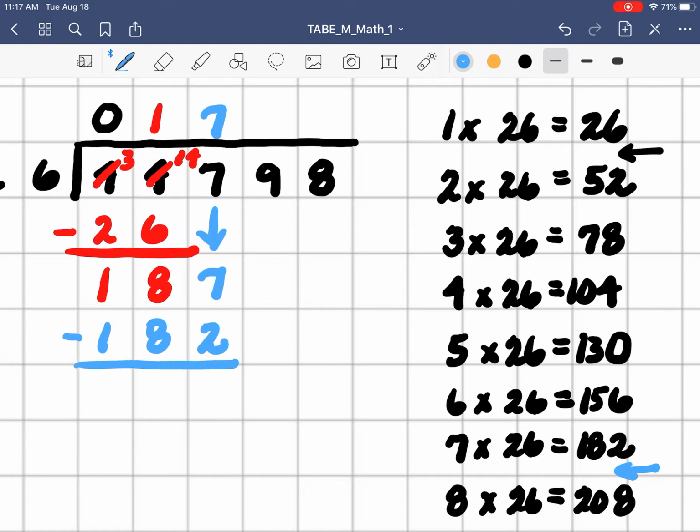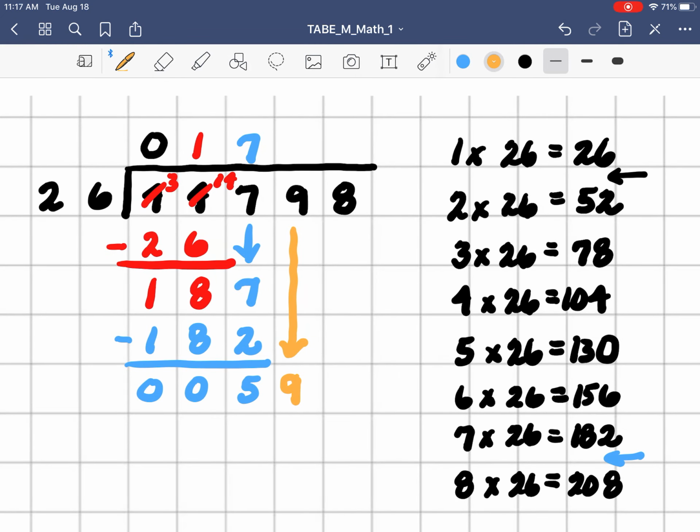Do your subtraction to get a 5, and those are zeros. Bring your 9 down, and we're looking at 26 into 59. We've got that one. So that would be 2 for 52.